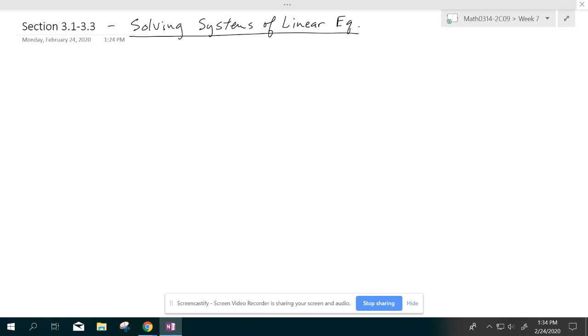If I break that down to help you understand what that title means, first of all, systems. When you see the word systems in math, it means more than one of something. Systems means multiple, okay? Linear equations means equations that when you graph them, you get a line.